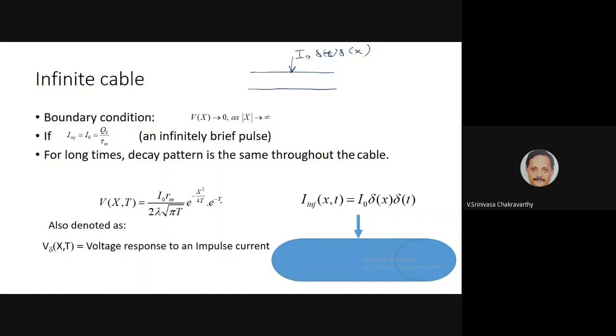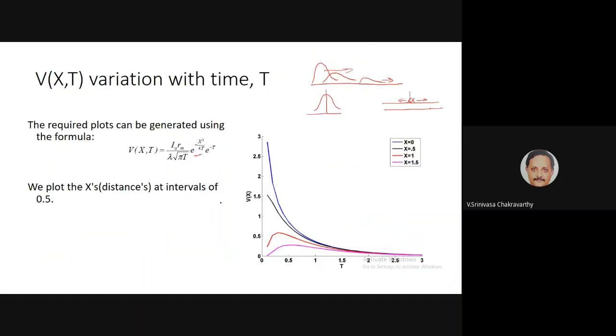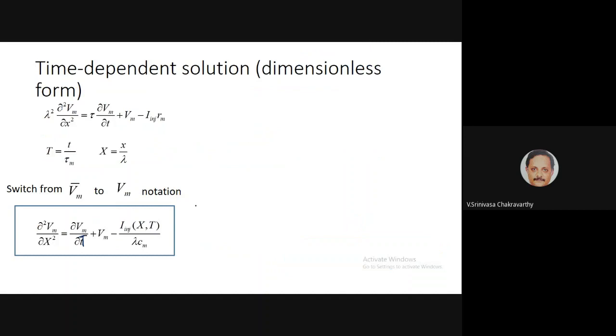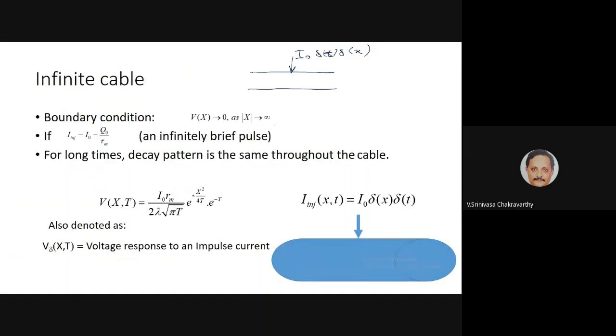Okay, so what does this expression look like? It looks something like this. At some finite t, it will look something like this. So this is a Gaussian in space times another e power minus t. Let me just state that you get a similar expression if you solve the diffusion equation.